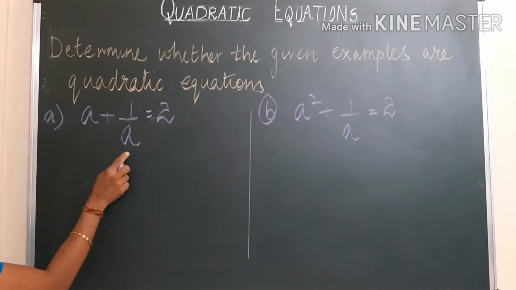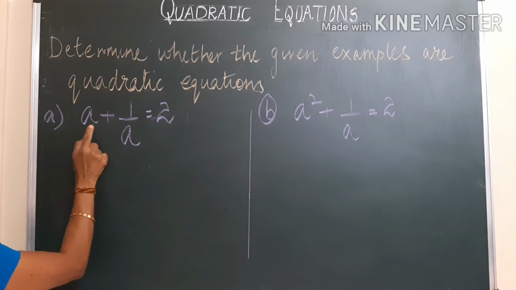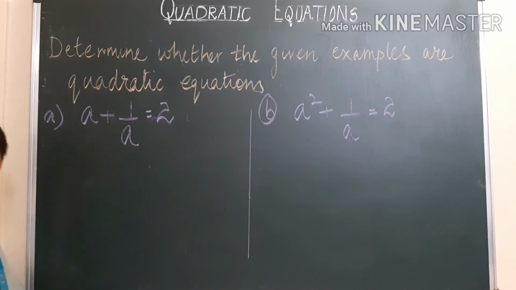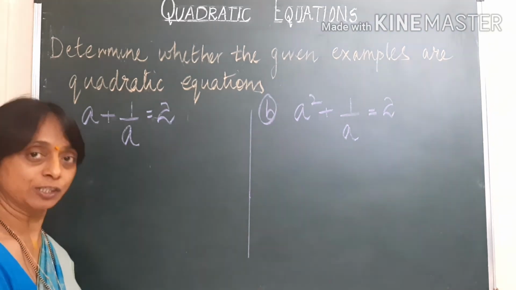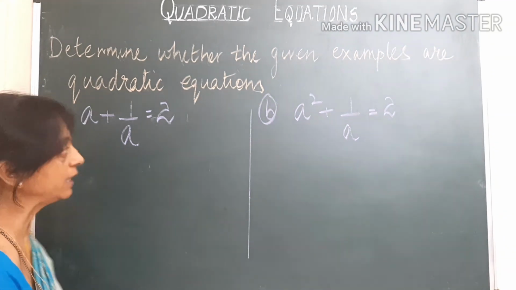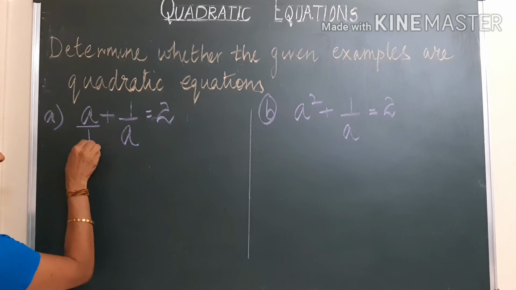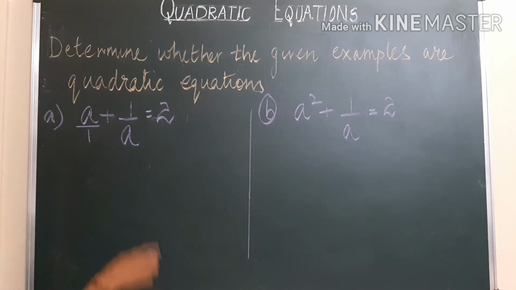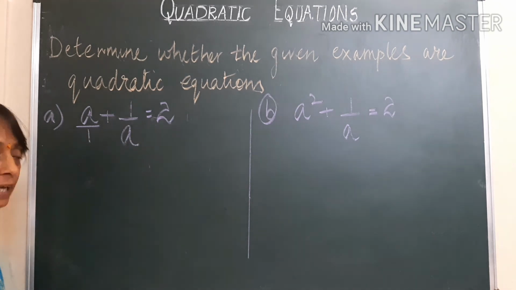Now pay attention, children. In this given example, you see a plus 1 upon a on the left hand side. So you have a denominator for the second term. So you know in this case we have to find out the LCM. When you have only a, what is the denominator for a? It is 1. So what do you do? In this case you cross multiply and multiply the denominators.